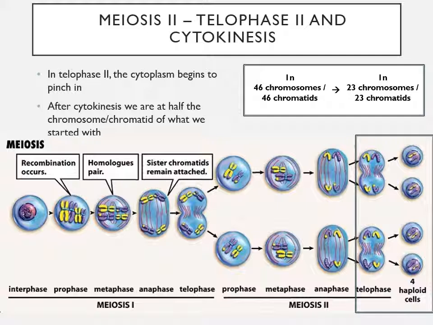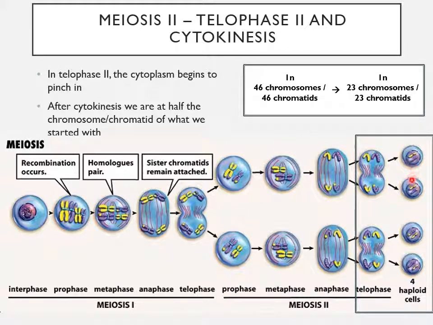During our next phase, telophase 2, the cytoplasm begins to pinch in here. And finally, it pinches in all the way through, and we have cytokinesis, and 4 cells have now been produced. Each of those cells is haploid, as it has been all through meiosis 2.